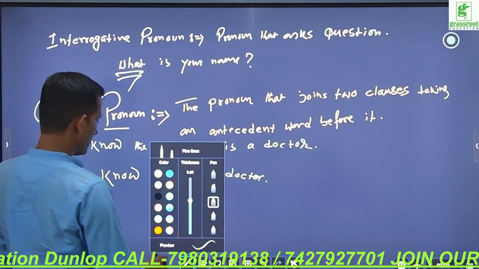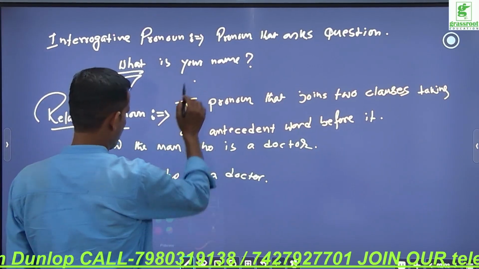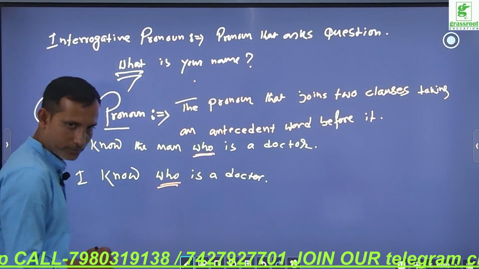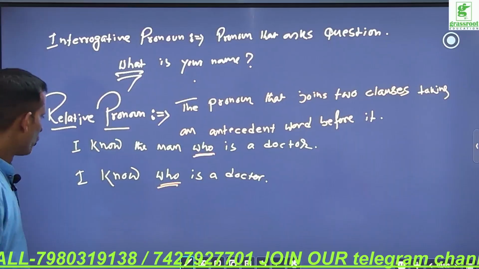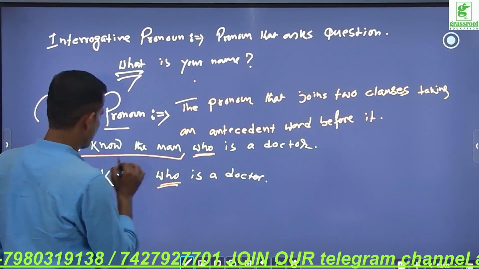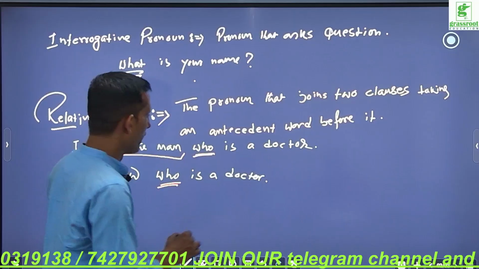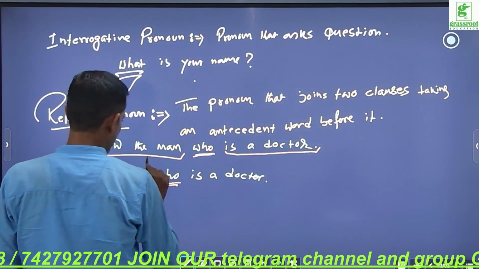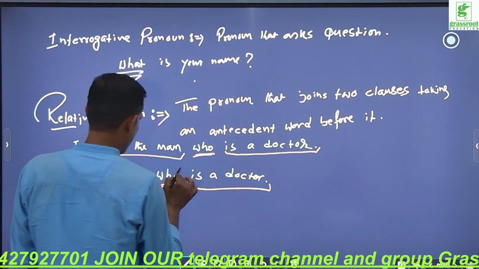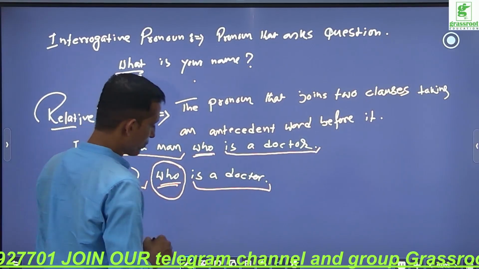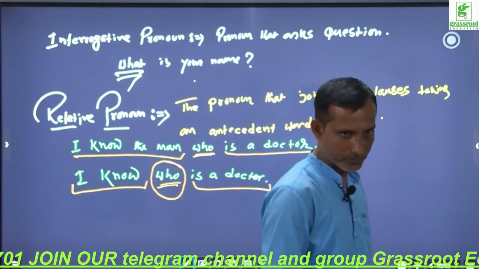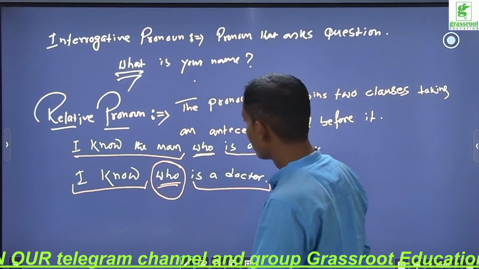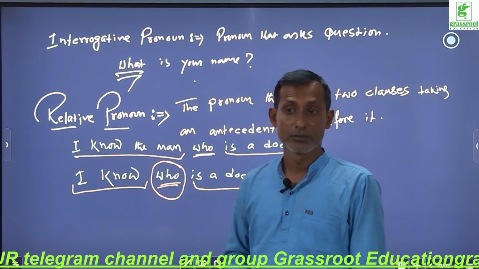Here, in both cases, who is used. There is who, and here also. And in both cases, who connects two clauses. I know the man, and he is a doctor. Here, I know, and he is a doctor. In both cases, who connects two clauses. So when can we say what is a relative pronoun?